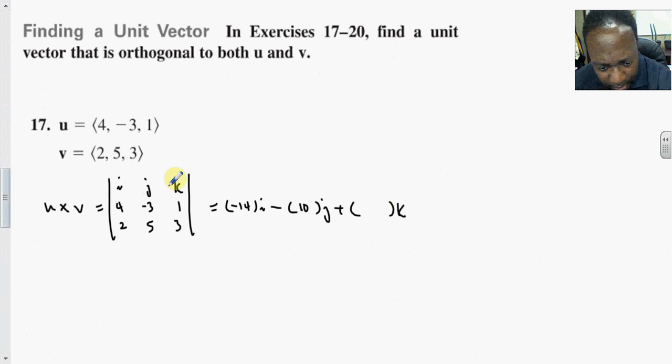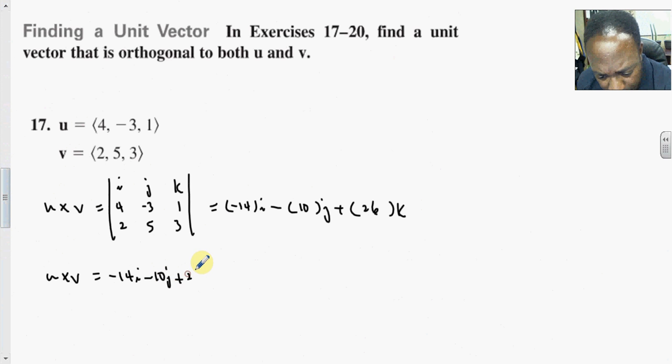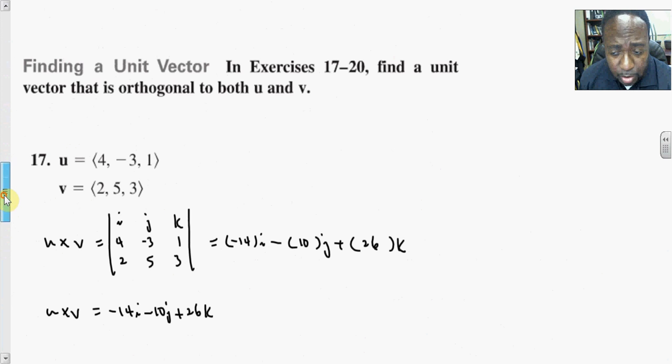For K, delete the kth row and column, so we get 20 plus 3 plus 6 is 26. So here this cross product is -14I minus 10J plus 26K.